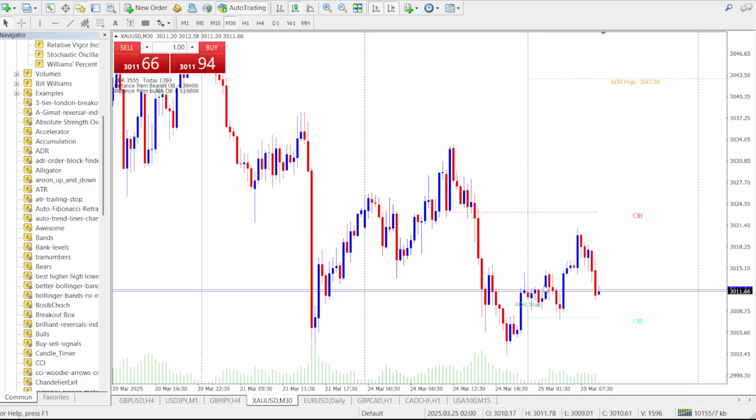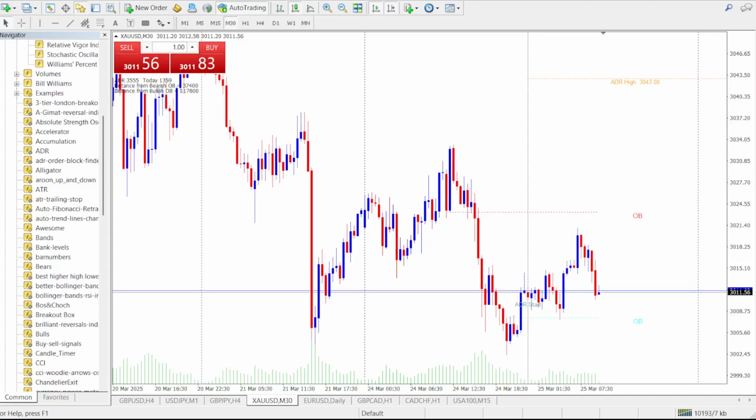The indicator then plots two lines, blue for bullish and red for bearish, helping traders visualize market strength.